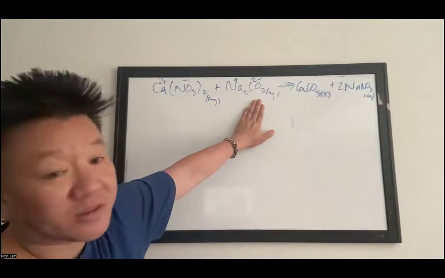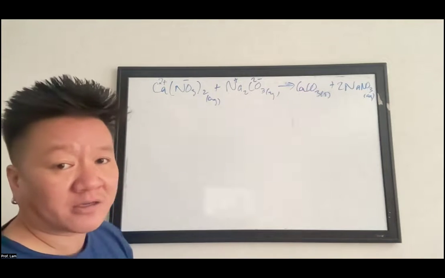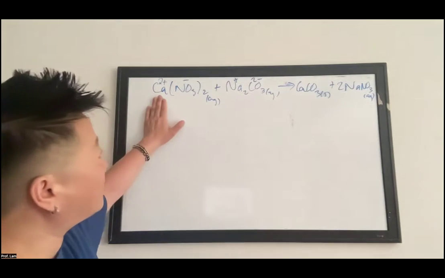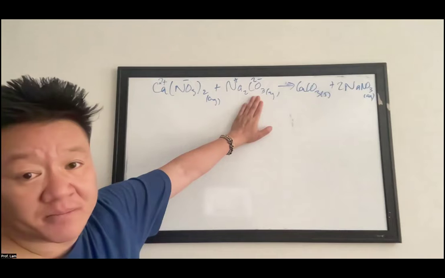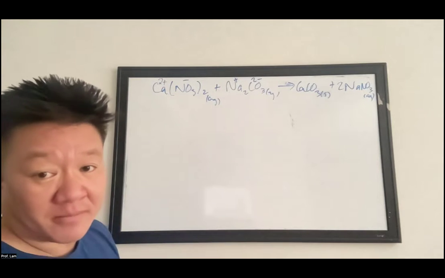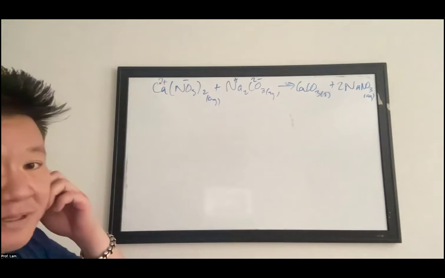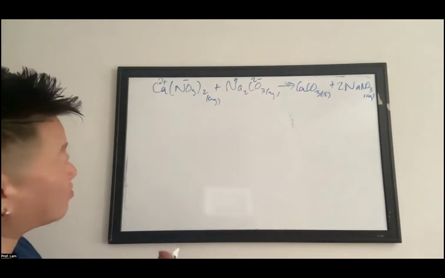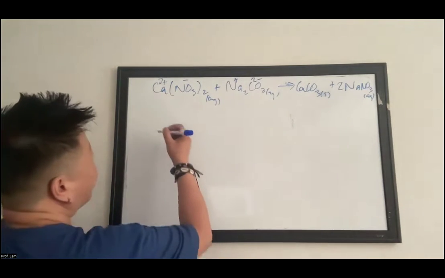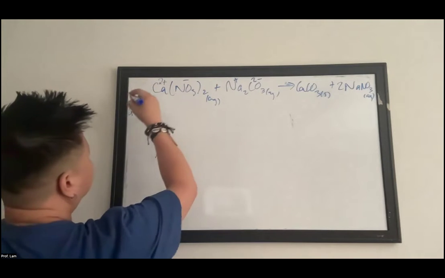The plus has to go with the minus so that it's really easy to figure out what the products are going to be. You just take the metal and swap it with the other non-metal, okay? And so there are no other combinations. You guys agree, right? And so that's what a double displacement is, this swapping of partner. And this is how you can generally think of it for double displacement.